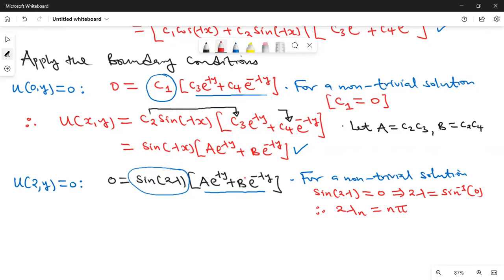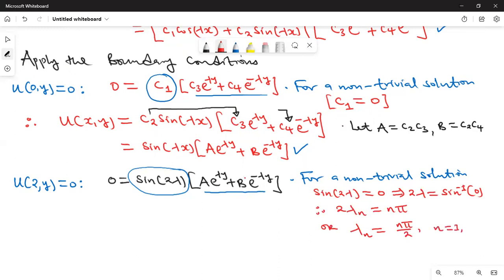Pi is 180 degrees. n is a natural number. So lambda n is equal to n pi over 2, where n is a natural number.